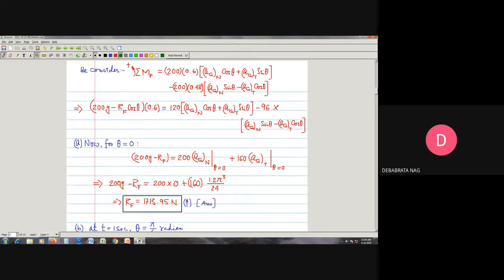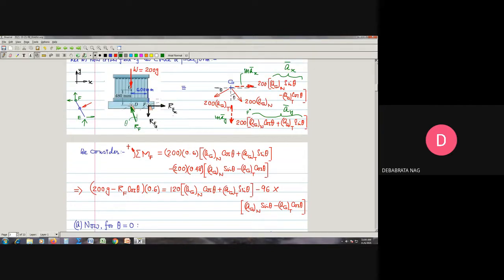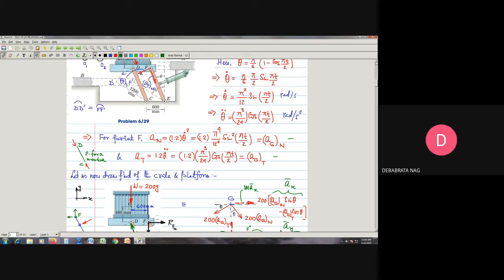Why is it vertical? Because in the case theta is equal to 0, RF must be along this link CD, which makes an angle theta with respect to the vertical.